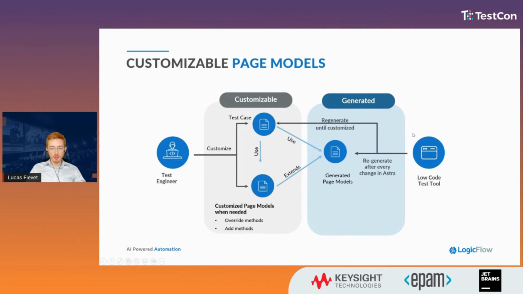If the test case changes, all the maintenance can still be done in the low-code tool, and all the page models can be regenerated without affecting any of the customized code, which makes it very simple to keep all the benefits of the autonomous maintenance, with additionally all the customization that has gone on top.